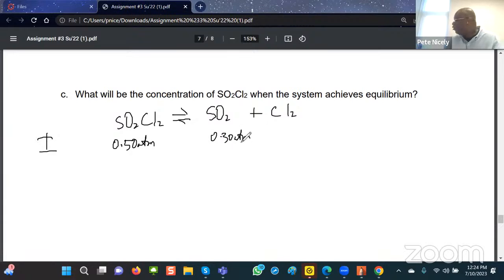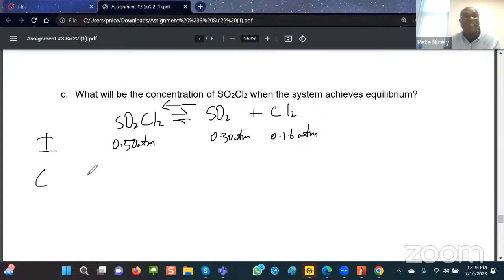And the pressure of the chlorine is going to be 0.16 atmospheres, all right? Now, because of the question we answered earlier, remember we said that the reaction is going to shift to the left, right? What that means is that some of the SO2, because it's going to shift to the left from the right, will react with some of the Cl2 to form SO2Cl2.